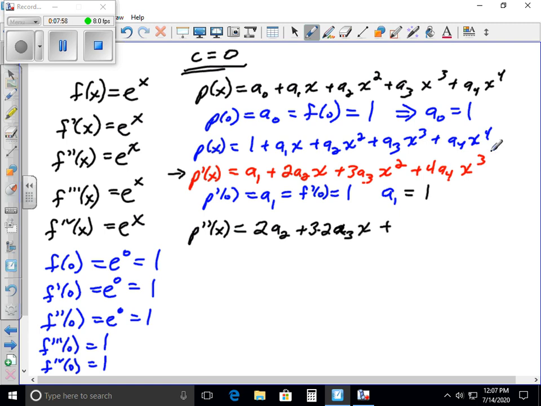For the next term, we'd bring the 3 down, and we would have 4 times 3, a sub 4, x squared. If we plug a 0 in there, those terms would be 0. So we would get 2a2, and that would equal our second derivative at 0, which is 1. So a2 would be 1 over 2.